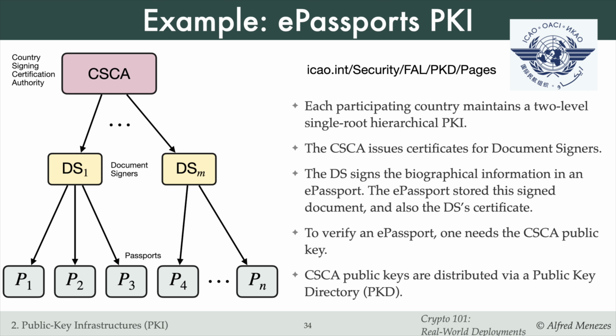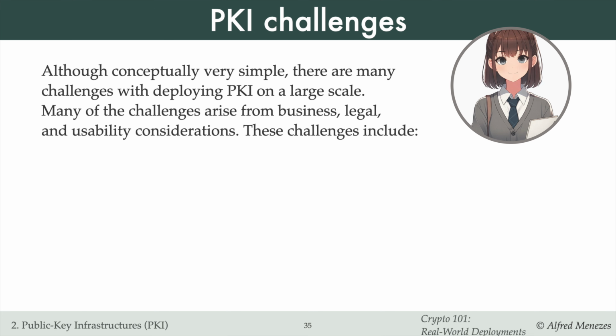Another real-world example of a multi-root hierarchical CA model is WebPKI, which I'll cover in the next video. I hope that this video has given you a good appreciation of the many challenges involved in deploying a PKI at scale.